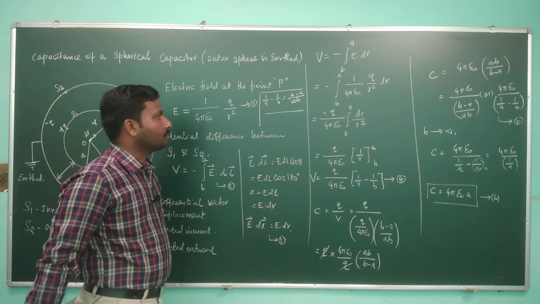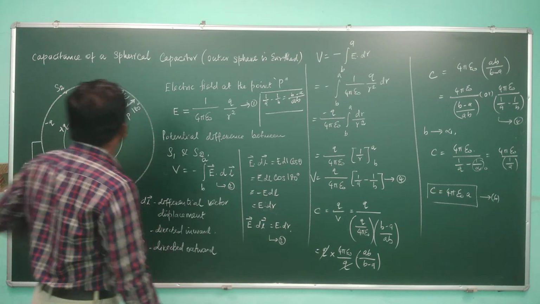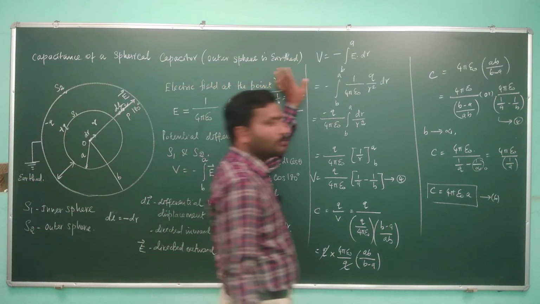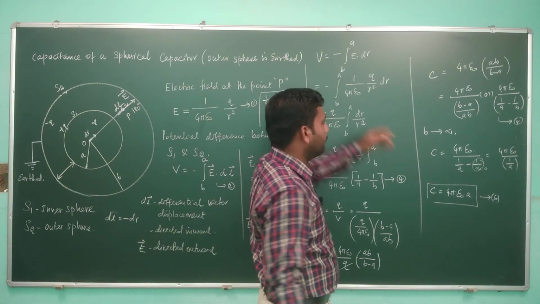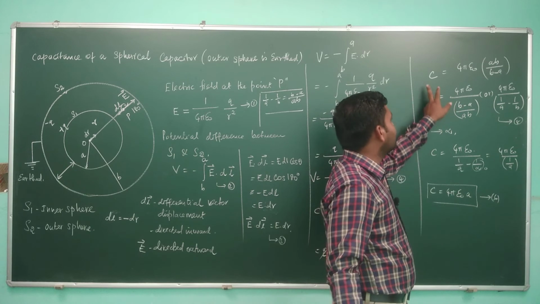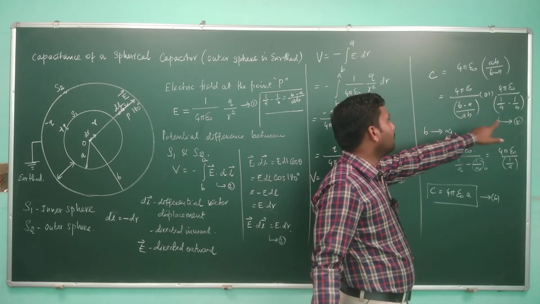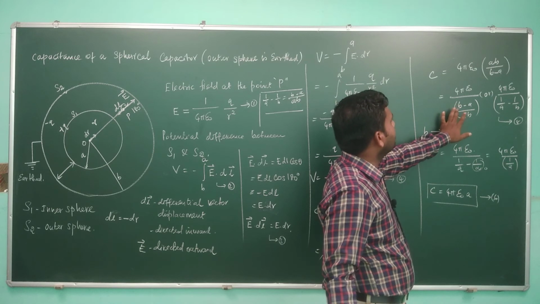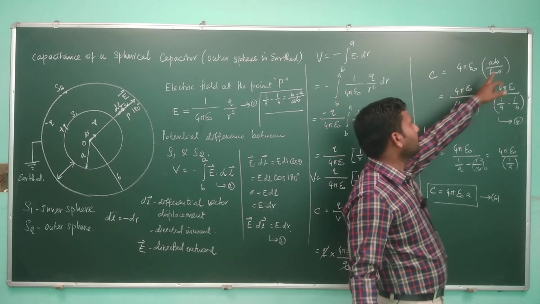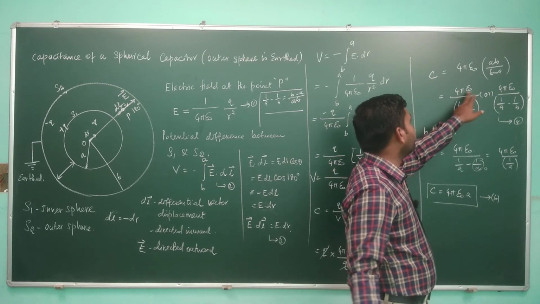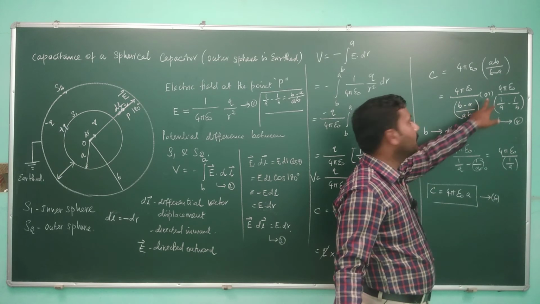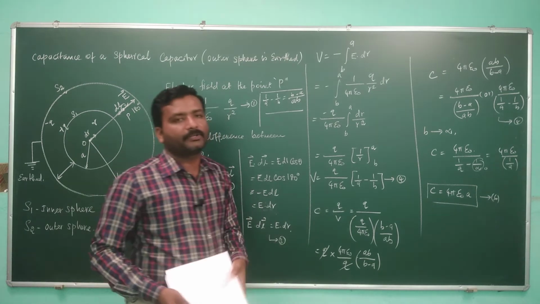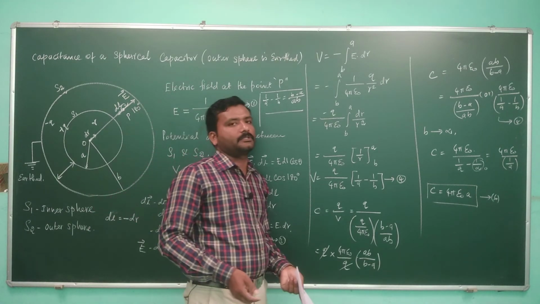Now the point is, we need to deduce the equation for capacitance of the spherical capacitor where its outer sphere is earth. For that, the equation is C equal to 4 pi epsilon naught AB by B minus A, or 4 pi epsilon naught B minus A by AB, or 4 pi epsilon naught 1 by A minus 1 by B. All are different ways of expressing the equation.